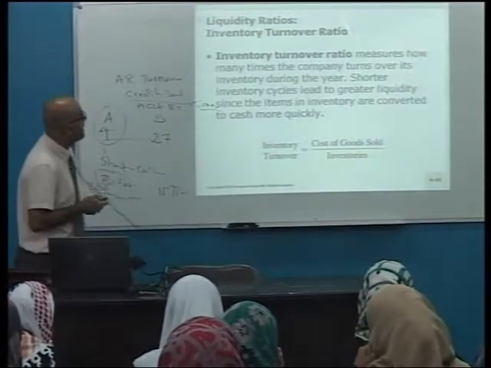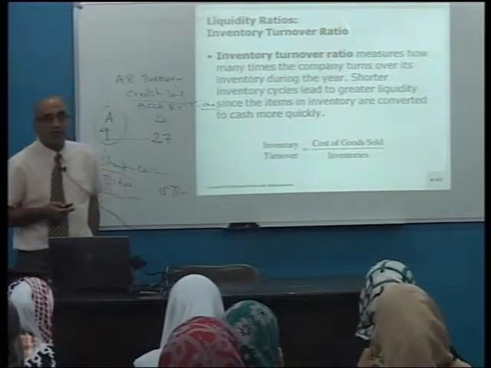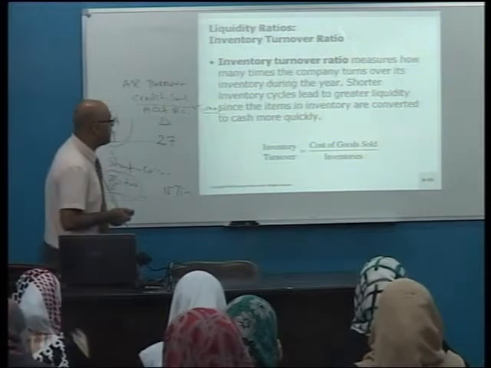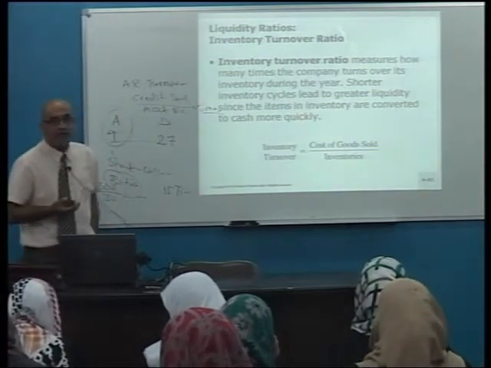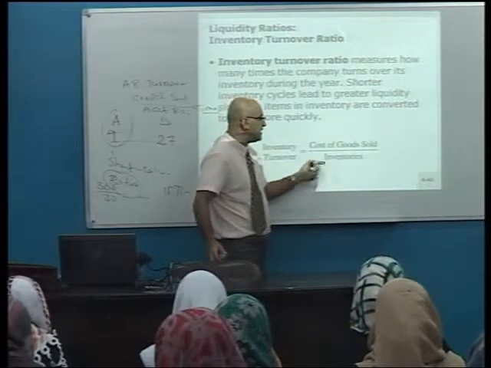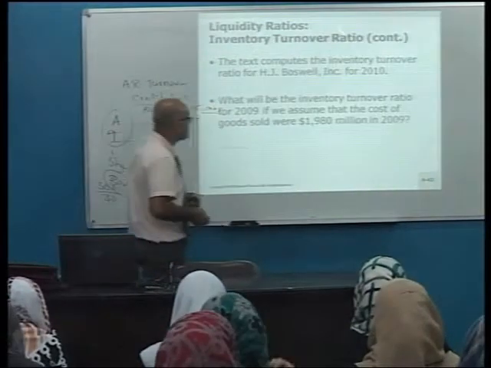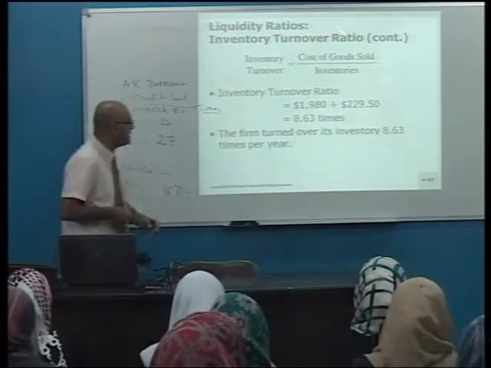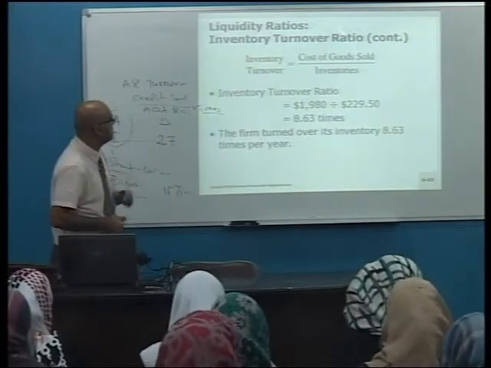Now we will talk about the inventory turnover. The inventory turnover is, again, how many times we convert inventory into cash. How do we calculate this? Cost of goods sold divided by the inventory. Go back to the income statement and the balance sheet of the Baswell company.